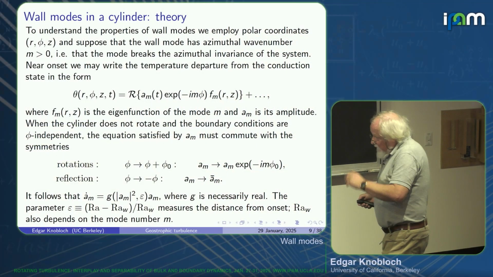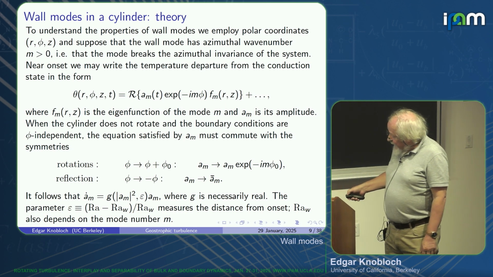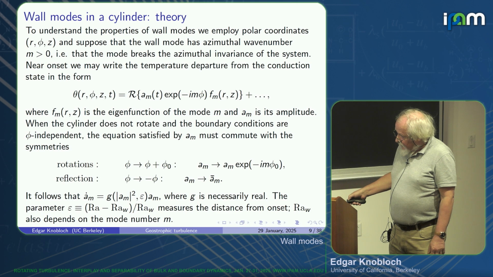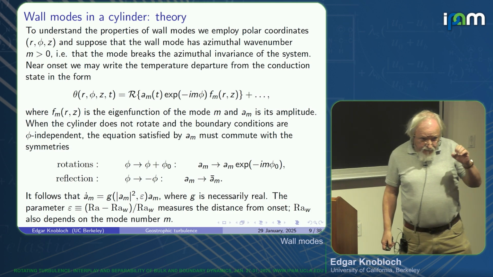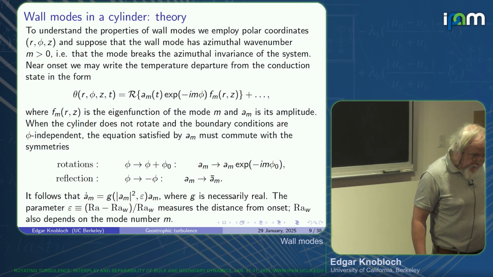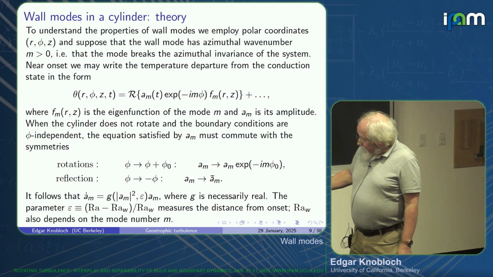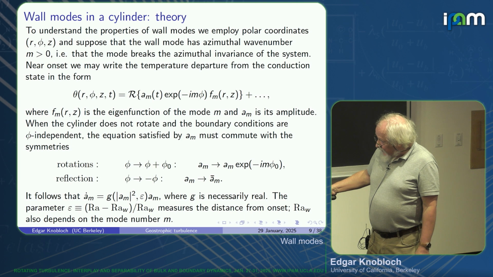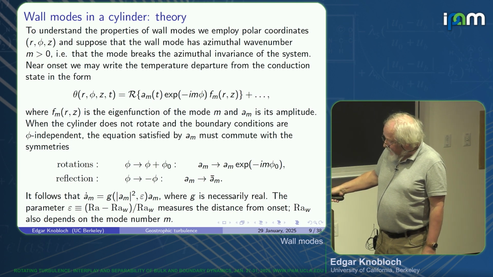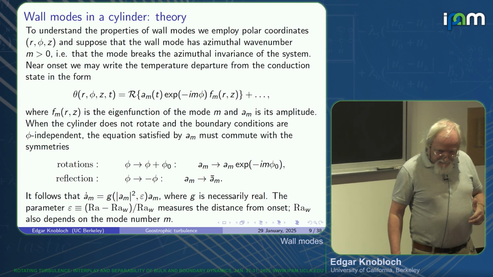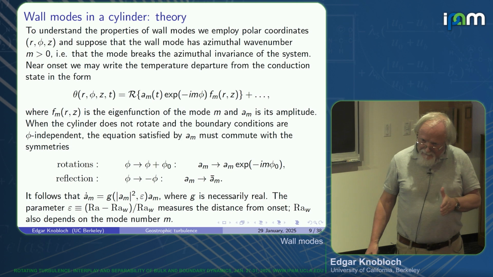Then it's a very simple argument to show that a_m has to satisfy this simple ODE, right? It's first order in time because we have a single eigenvalue that is crossing zero, and that's triggering this instability. So a_m dot has to be some function g, which depends on the amplitude, but it has to be invariant under rotation, so it has to be a function of mod a squared.